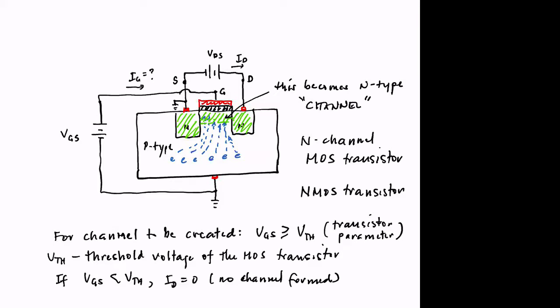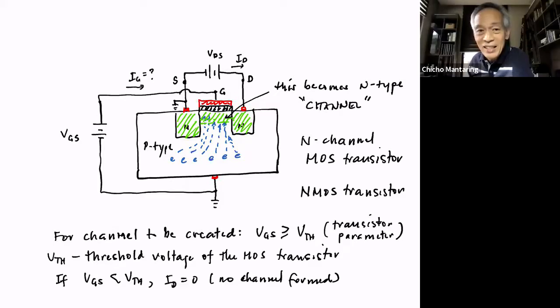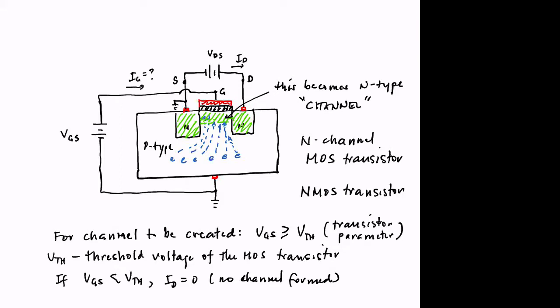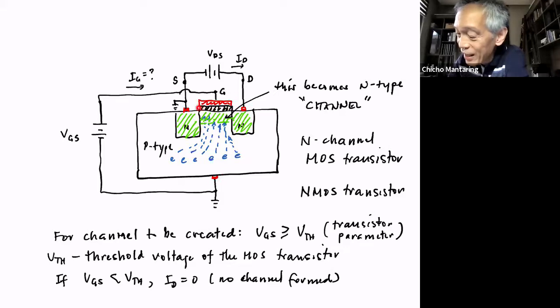Zero. Yeah, can you tell me why? Because of the insulator. That's right, no? Remember, there's an insulator here. So if there's an insulator there, then the steady state value of this current would have to be 0.